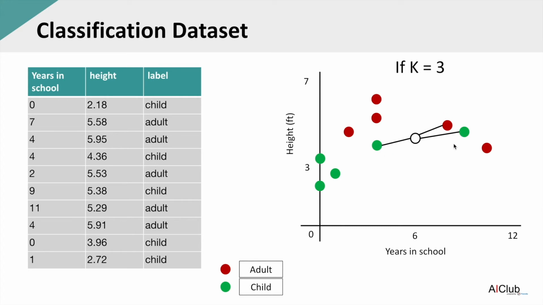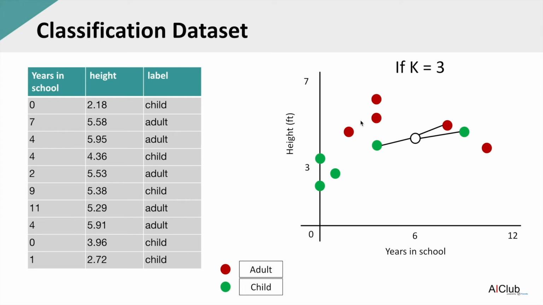The algorithm takes majority voting, and since 2 neighbors have the label child, this point is predicted to be a child. So what we see here is if K is equal to 1, it's predicted red, and if K is equal to 3, it's predicted to be green. What this tells us is that in a K nearest neighbors algorithm, depending on the value of K that you choose, your algorithm may predict an adult or a child in this case.